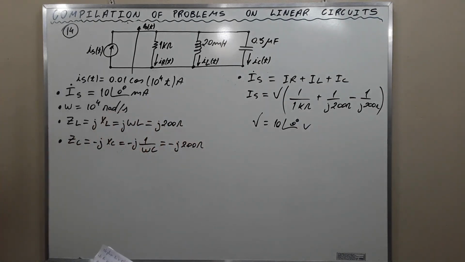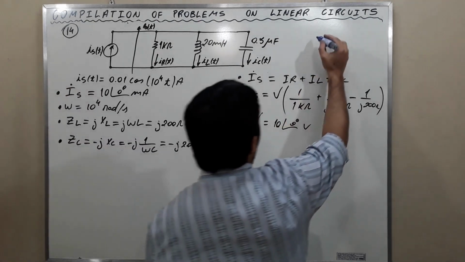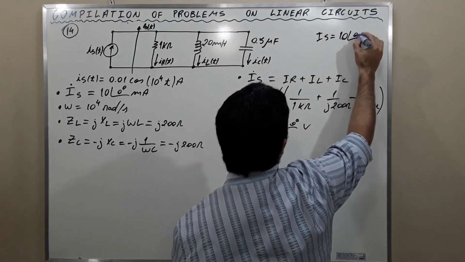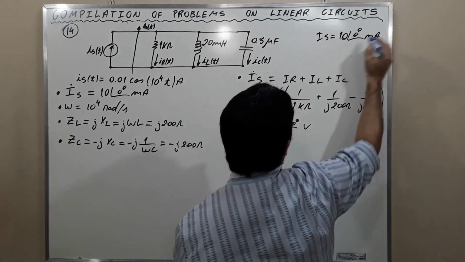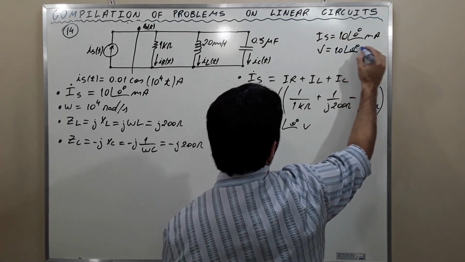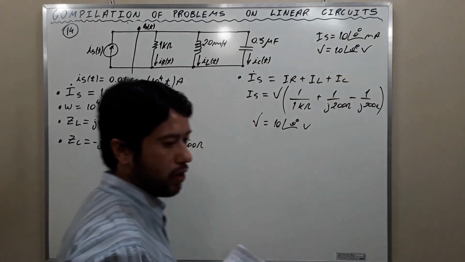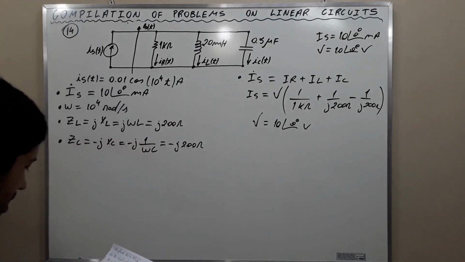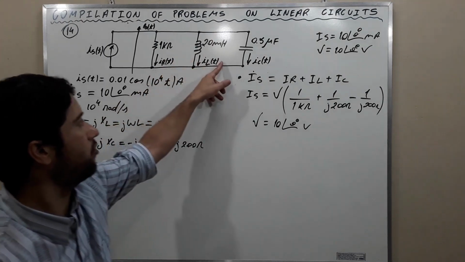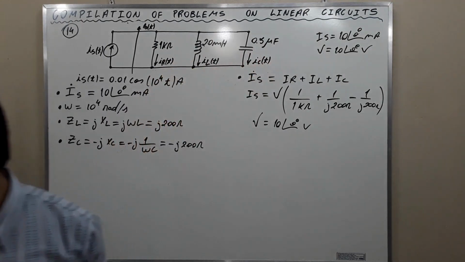Then we have already calculated two of the parameters that the exercise requested. IS is equal to 10 phase 0 degrees milliamps, and V is equal to 10 phase 0 degrees volts. Now we are going to calculate the phasors for these currents.